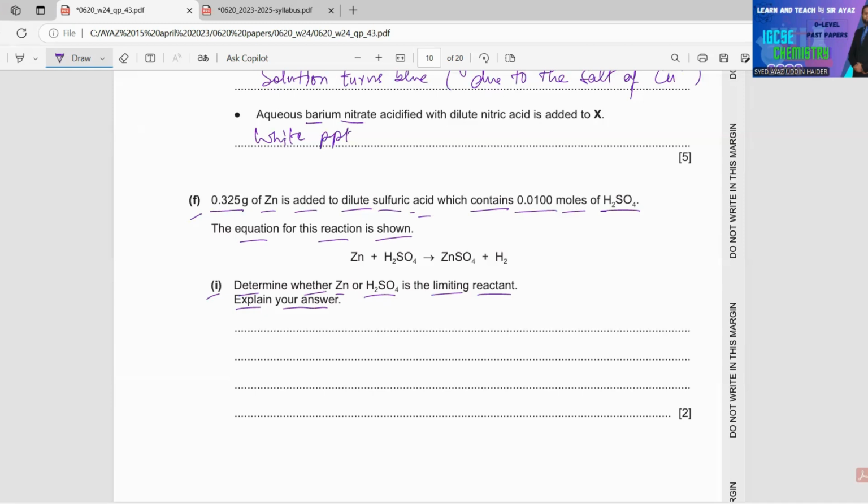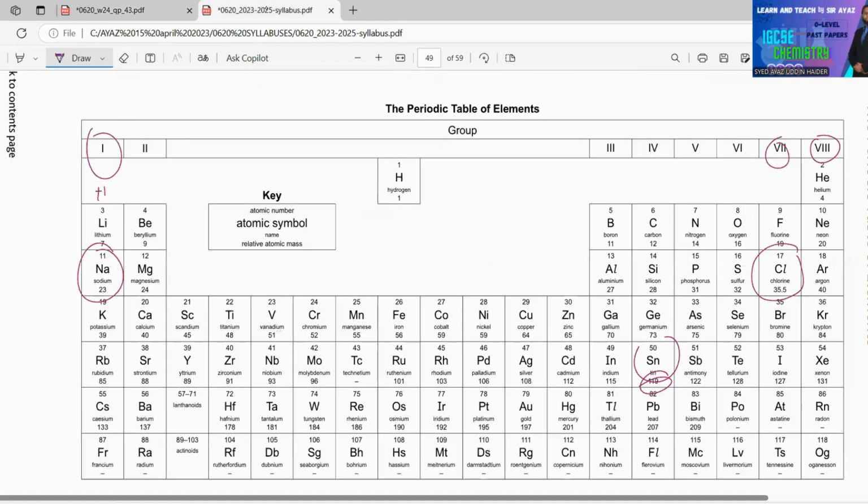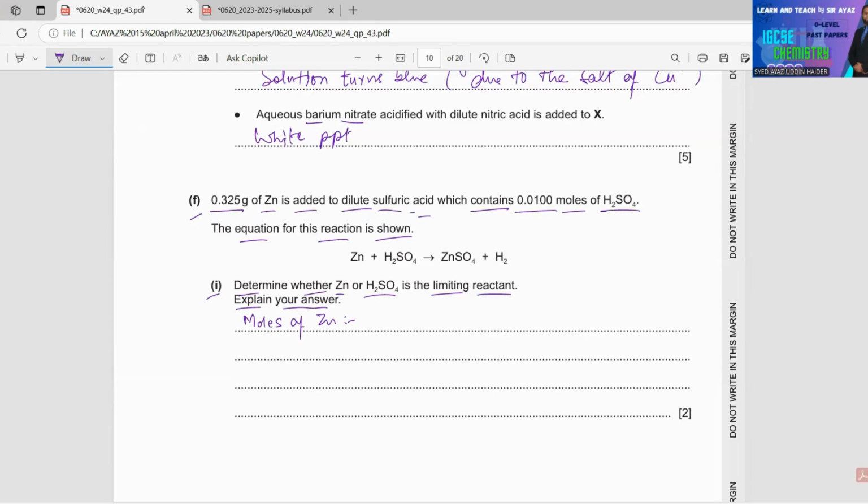So moles of Zn, you know the way, you simply have to divide the mass by the Ar of zinc, which is 65. So I will divide 0.325 by 65 and we'll get 0.005 moles of Zn.